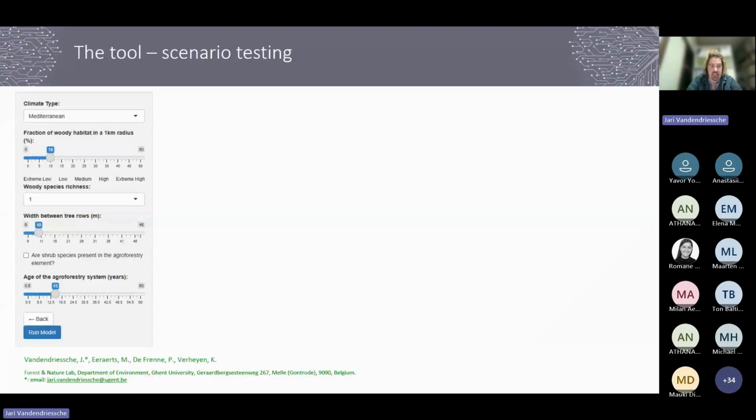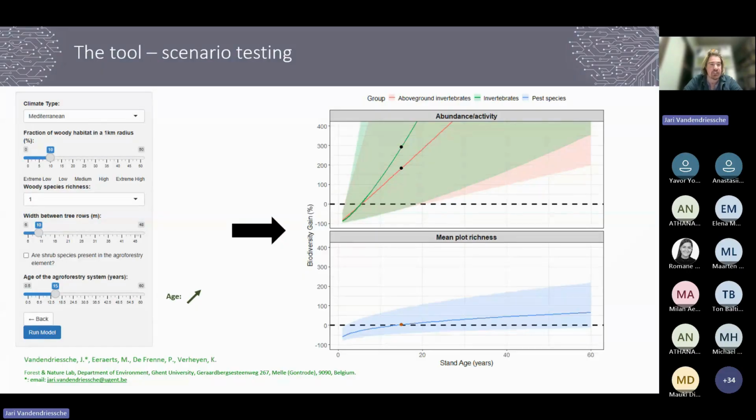In this case, the baseline we chose was a model simulating a Mediterranean climate with a woody habitat fraction of 10%, just one tree species implemented, with the distance between rows being 10 meters without shrubs, and the age is 15 years. And then the result is what you see to the right.